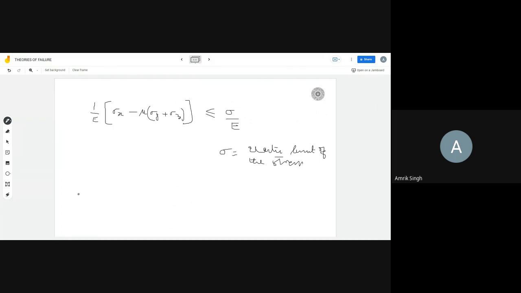Graphically, if we want to represent this, say for the two-dimensional case or 2D, it will be like this.